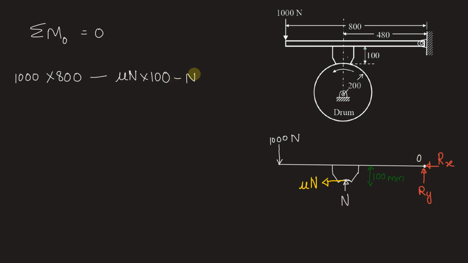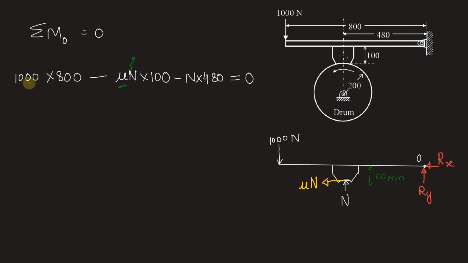So minus N into distance between normal reaction and the support, which is 480 millimeters. So we'll just multiply with 480. All the forces that create moment about point O are being accounted for here. So that is why we write the RHS equal to 0. We know the value of mu. Let's substitute mu and find out the value of normal reaction.